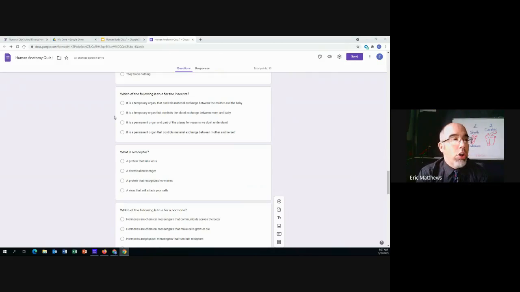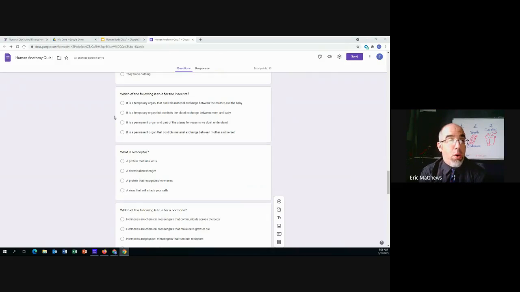Next, which is true for the placenta? It is a temporary organ that controls material exchange between mother and baby. It is a temporary organ that controls blood exchange between mom and baby. It's a permanent organ and part of the uterus for reasons that we don't understand.